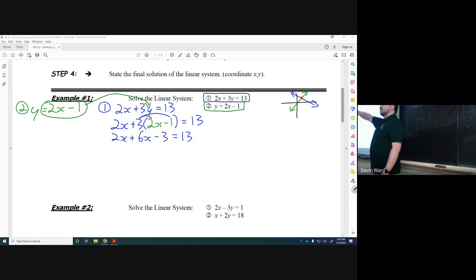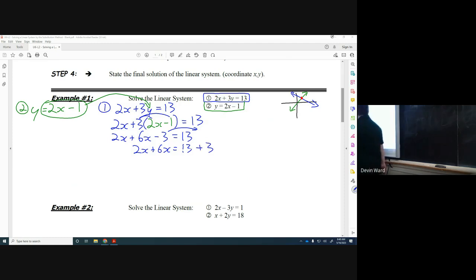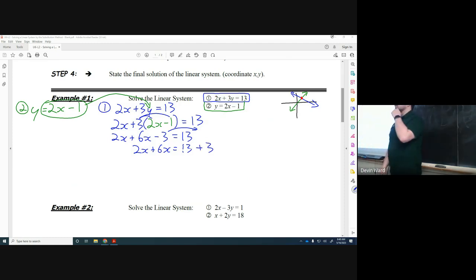Now, I want to keep all my letters on the left and put all my numbers on the right. So I'm going to take this negative 3 and move it over to the right to keep my letters over here. When it moves over to the right side, it becomes positive 3.